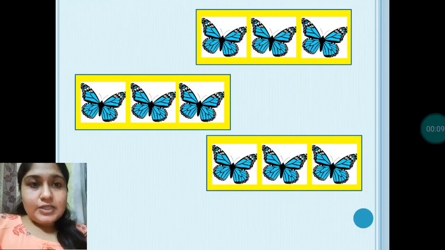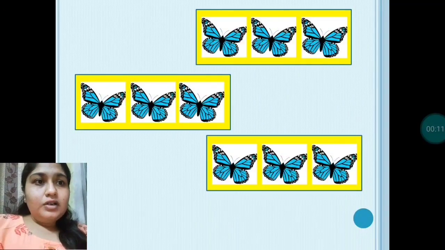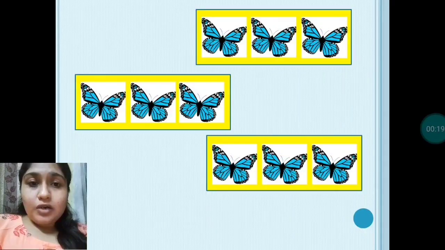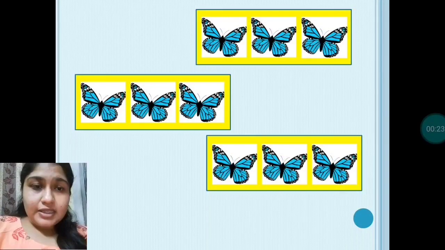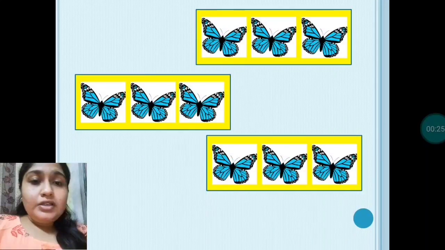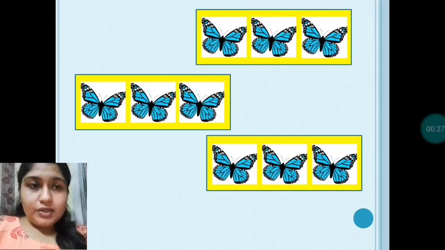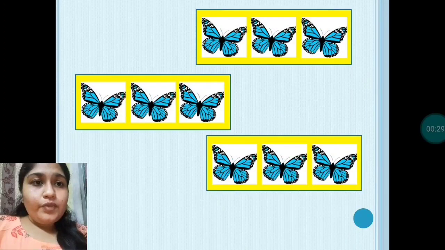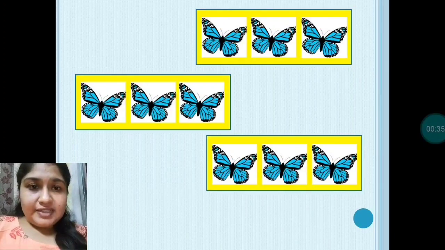Here students, as you can see on the screen, 3 boxes are given and each box contains 3 butterflies. So students, how to count in groups when there are more than 2 objects? Here 3 objects are given in one box. So we have to count it in groups. In one box 3 butterflies are there.